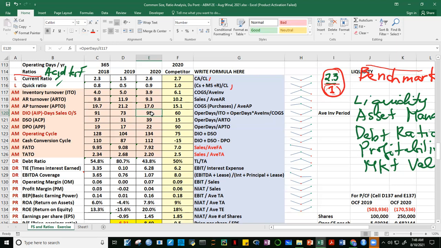Is it because it takes them a long time to source their raw materials? Is it because it takes them a long time to convert to finished products? Is it because our sales and marketing are not good? A lot of questions can be answered here and have to be critically analyzed.